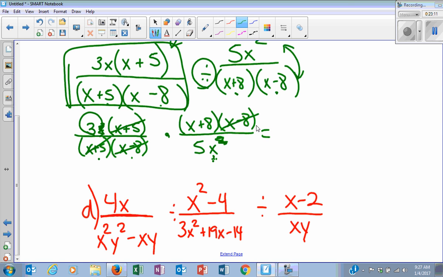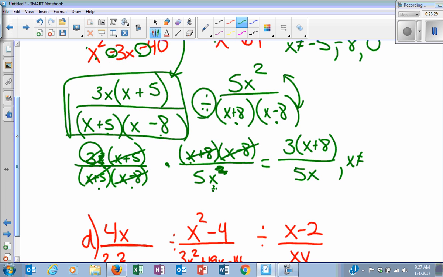Up top, I only have a 3 here, and I have an x plus 8. So I have 3 times x plus 8. That's taken care of, and that's taken care of. Over, and my denominator, the only thing left I have is 5x. And my restrictions, don't forget to write your restrictions right next to it, are x cannot equal, and again I write them in order, negative 5, comma 0, plus or minus 8. And that would be my answer.